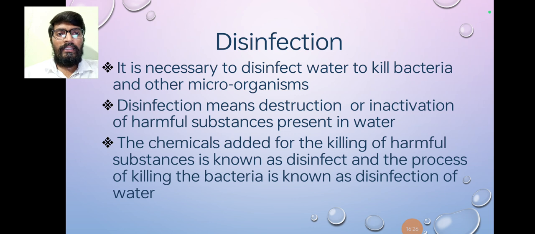It is necessary to disinfect the water to kill the bacteria and other microorganisms. Disinfection means destruction or inactivation of the harmful substances present in the water. The chemicals added for killing harmful substances are known as disinfectants, and the process of killing the bacteria is known as disinfection of water.